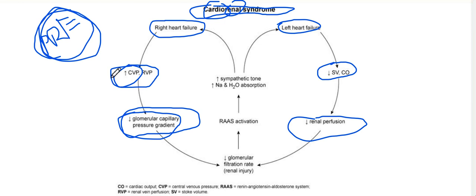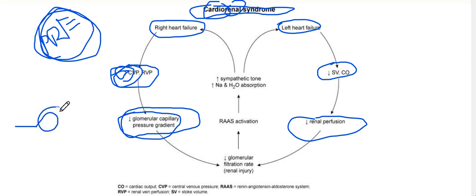So if there is increased central venous pressure, what will it lead to? It will lead to increased renal vein pressure. So when there is increased renal venous pressure, that actually causes decreased glomerular capillary pressure gradient. So here we see that this is the renal artery.